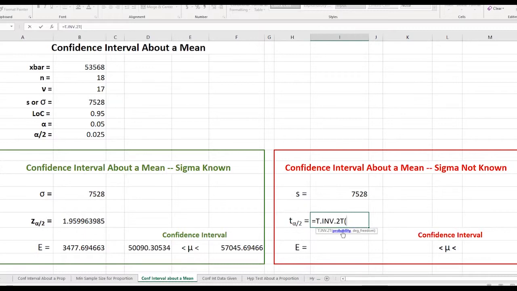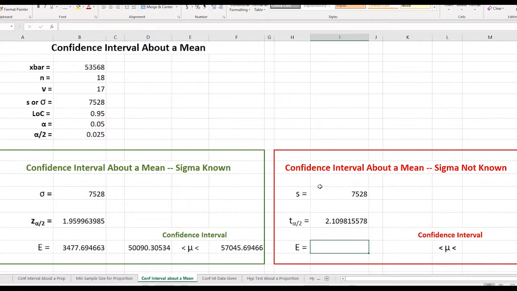Let's see, the first thing it's asking for is the probability, and remember we just use alpha, comma, new, and that's right up here. It's in cell B5, and I close this, and this function automatically gives me the positive value, and it's positive 2.1 blah blah blah, same thing I had on the problem page.